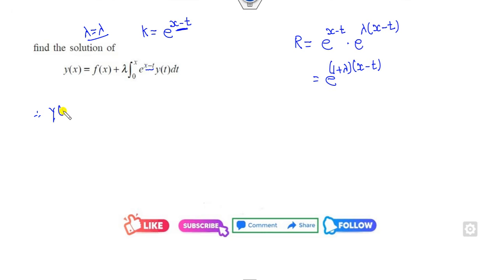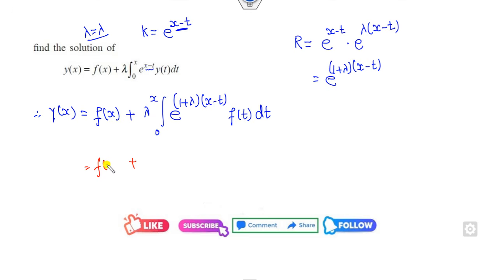So what is my solution? y of x is, because f is unknown to us, so I have to write in terms of f, that is the resolvent kernel, this x minus t into f of t. Because f is my unknown, you can never integrate them, so you can better simplify this: 1 plus lambda times x from 0 to x minus 1 plus lambda times t. That is the right answer of this problem.